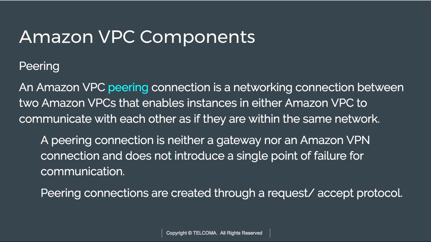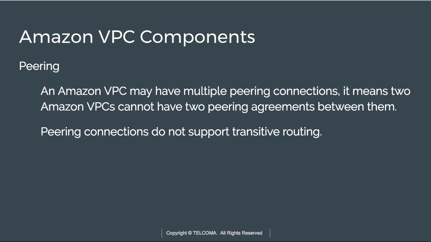After 1 week, the request will expire. An Amazon virtual private cloud may have multiple peering connections. It does not support transitive routing.